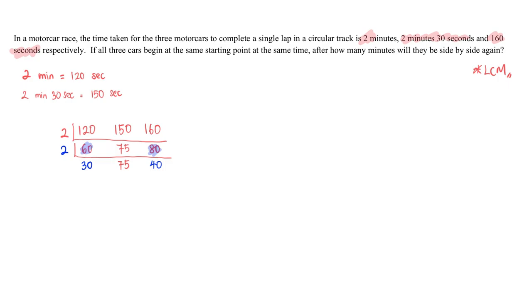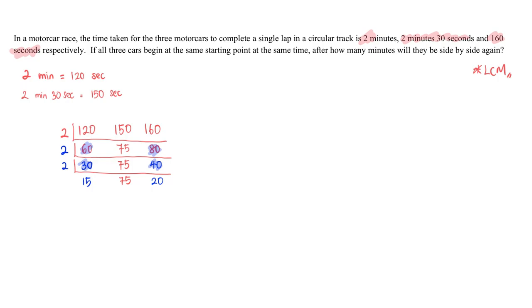And I continue to divide by 2 for these 2 numbers, because they are still able to be divided by 2. So this will be 15, 75 is still there, and 40 divided by 2 is 20. At this stage, there is no more common prime factor 2. I move on to the next, which will be 3.